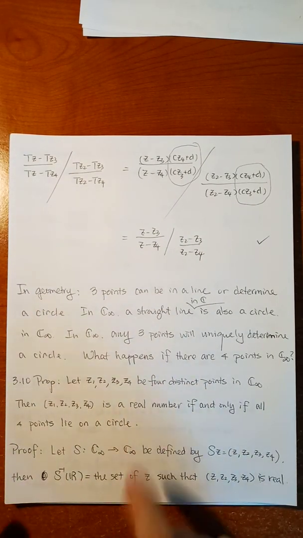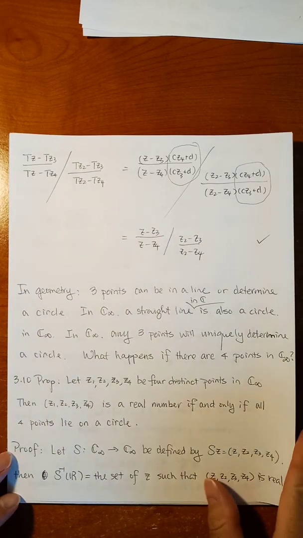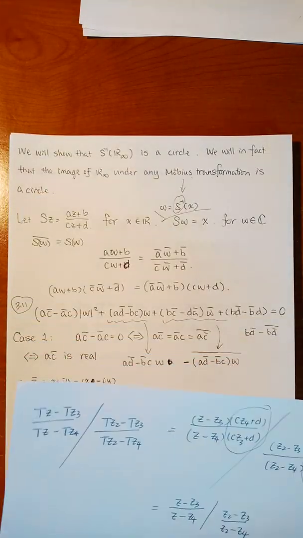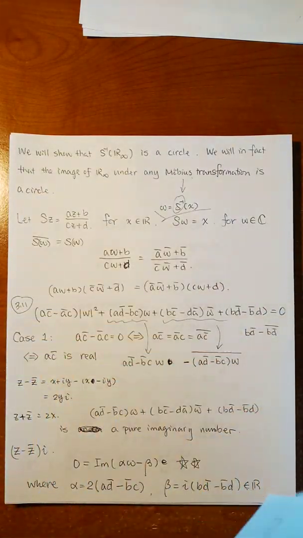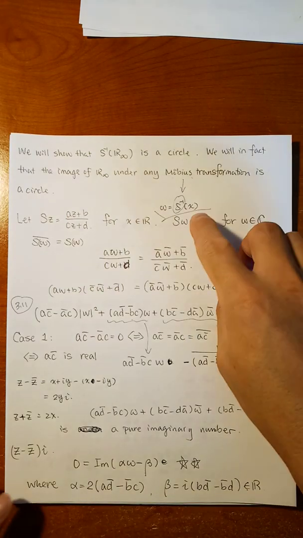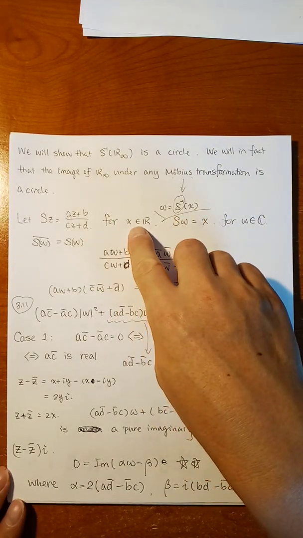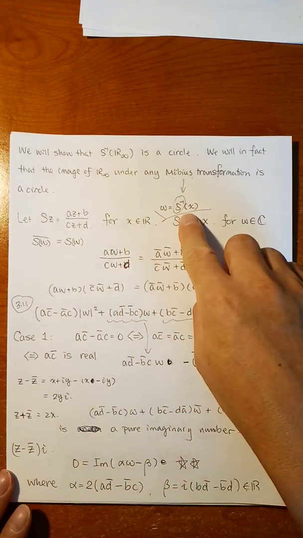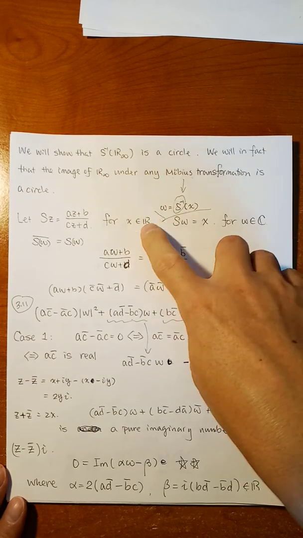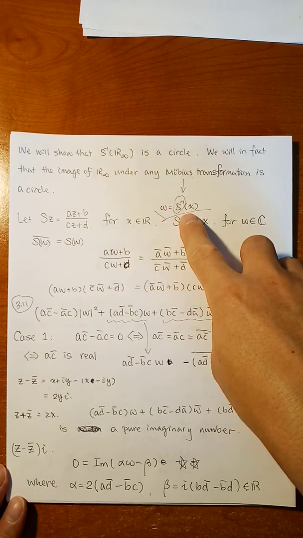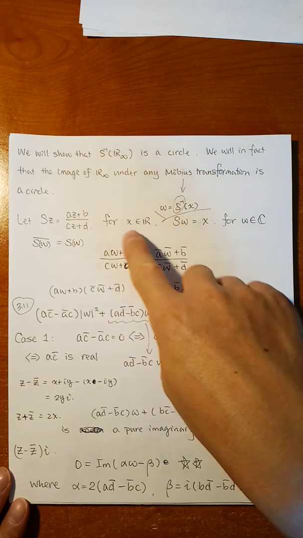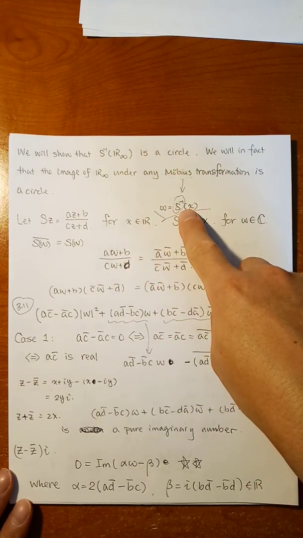We prove this, but we do not directly prove it. We just show that the real number is mapped to a circle. So this is an arbitrary Mobius transformation.